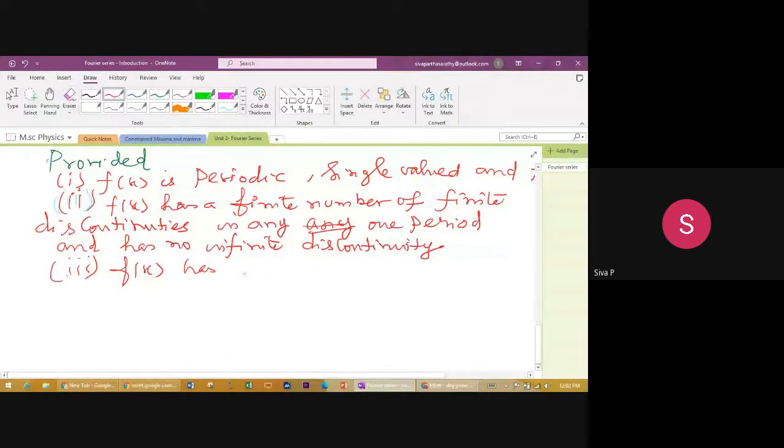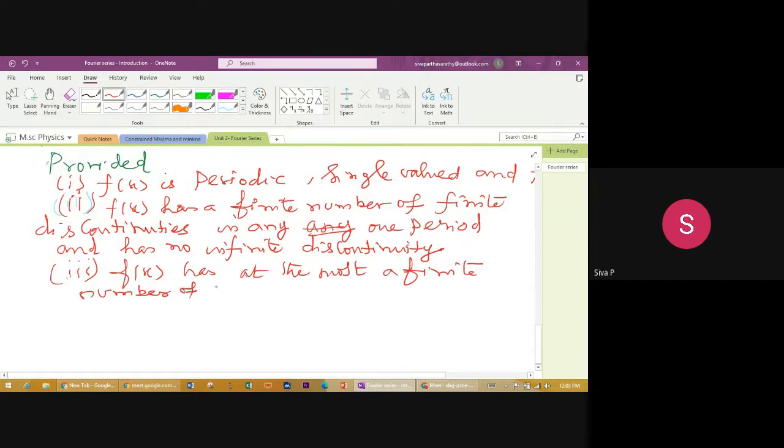F of x has at the most a finite number of maximum and minimum.